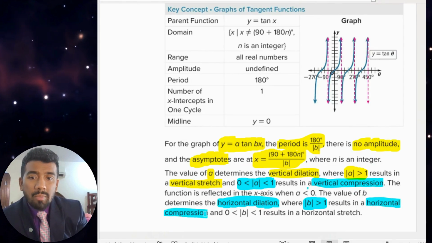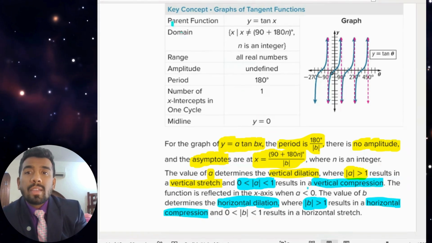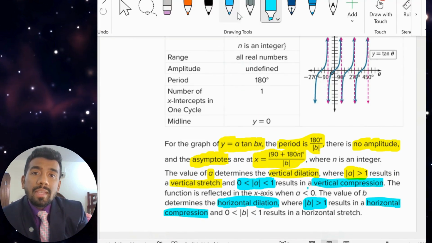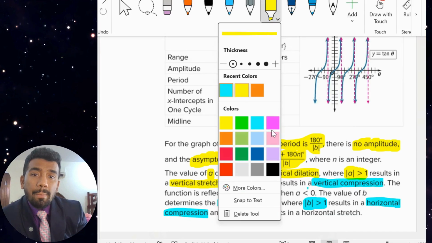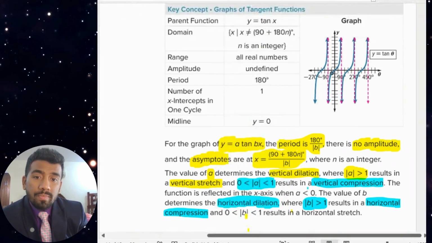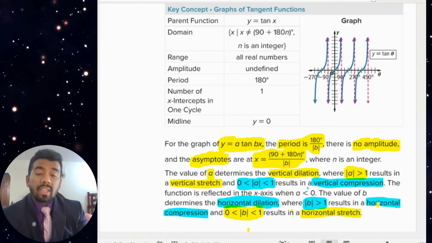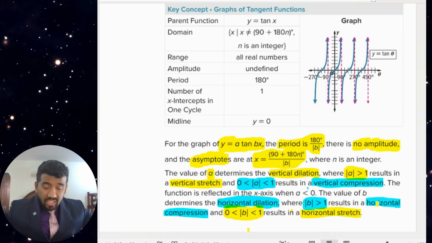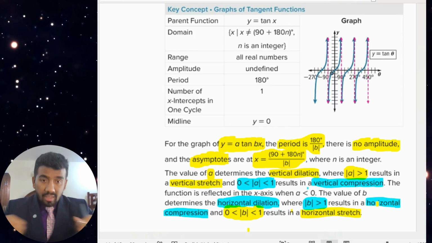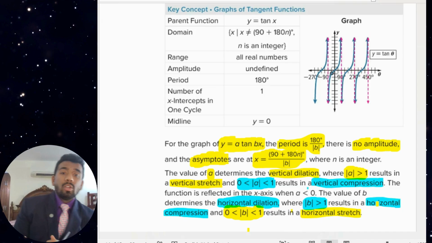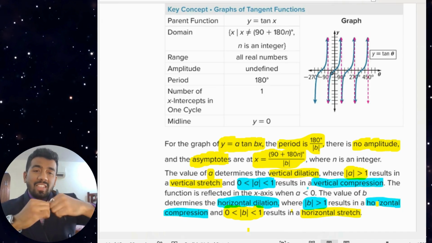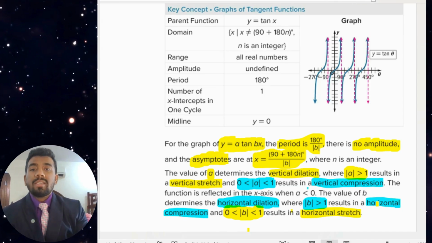It's just the opposite, compressed. And if b is between 0 and 1, that is a fraction, then it's a horizontal stretch.